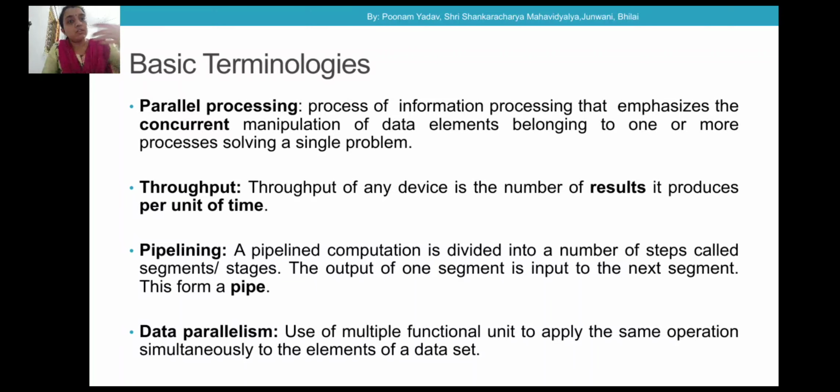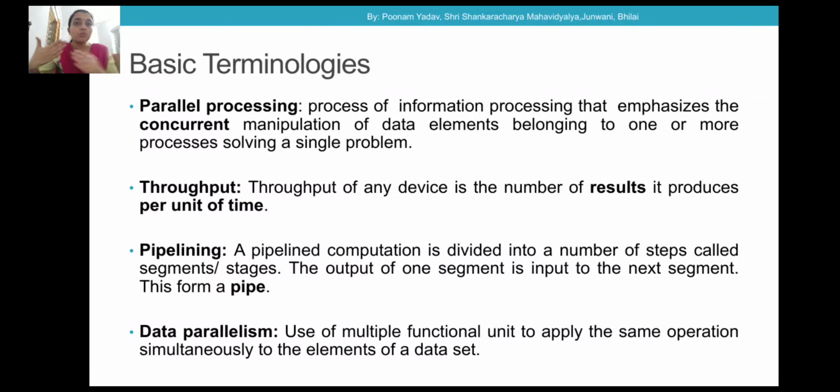Throughput means the number of results produced per unit of time, that is, how fast the system gives output. Then pipelining. Pipelining means the computation is divided into a set of parts called segments or stages.